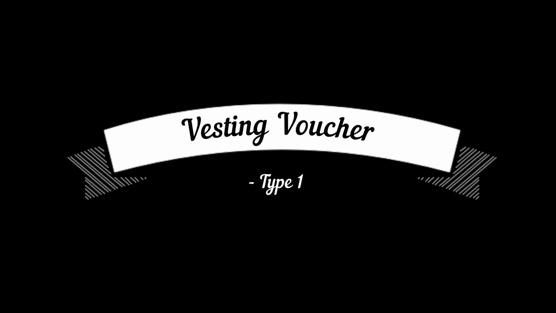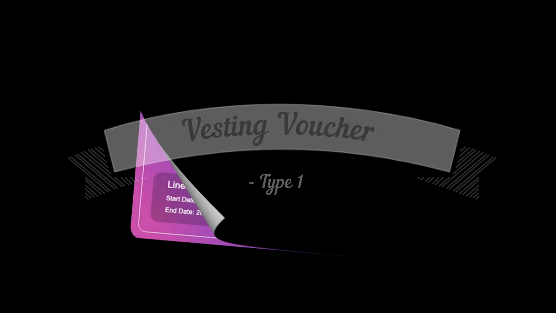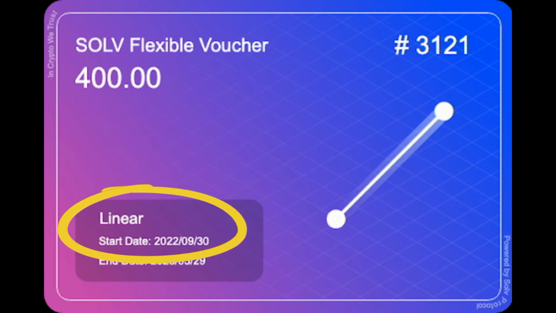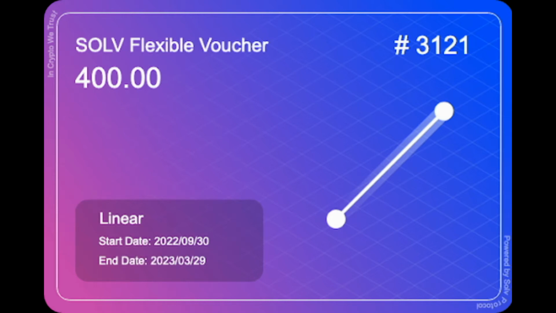And I'll show you one. It's the flexible voucher, and why do we call it flexible voucher? It's still one kind of vesting voucher, but the starting date here is flexible. So the date can be adjusted. Like we can adjust the start releasing date to, say, 30 August.